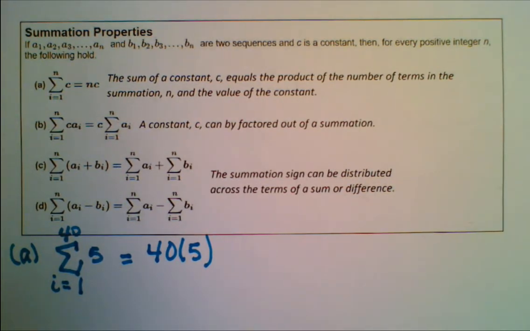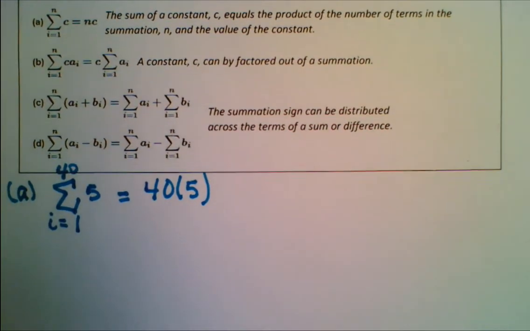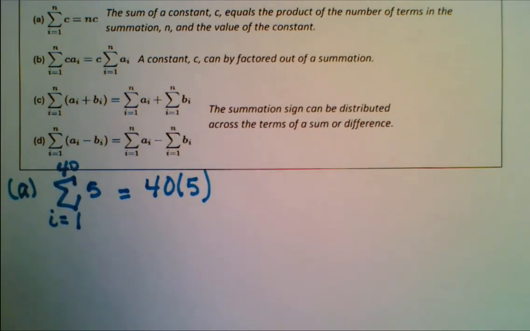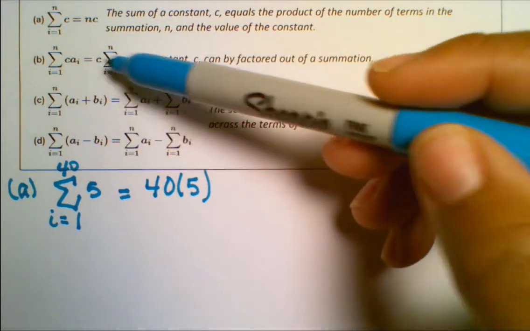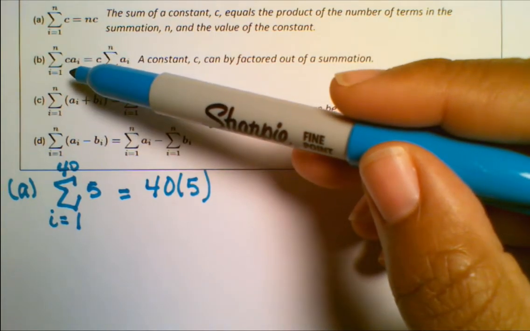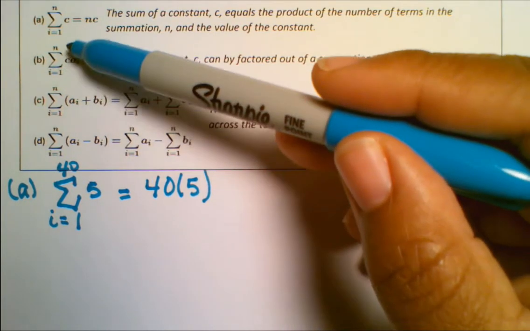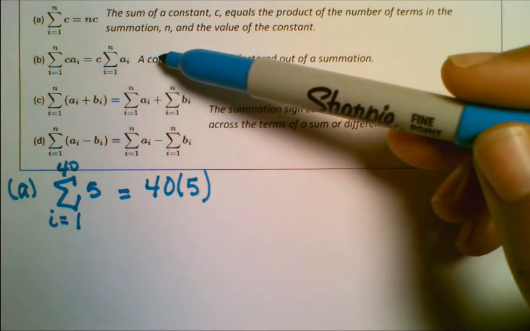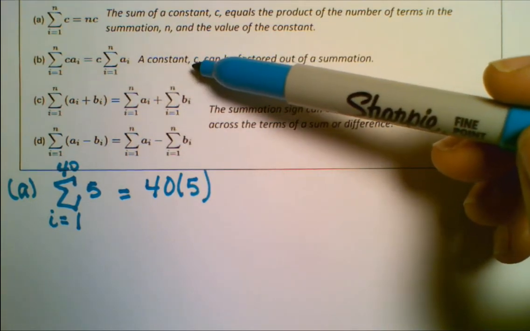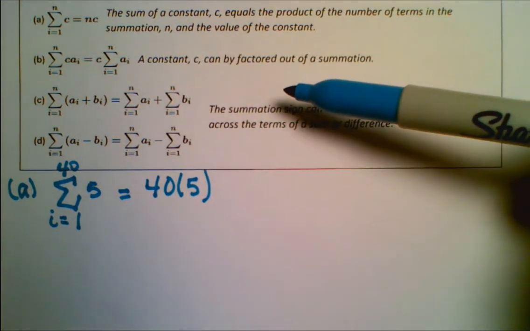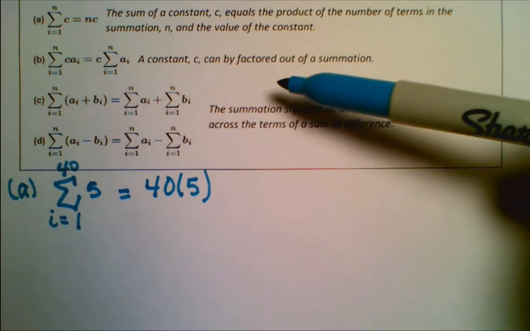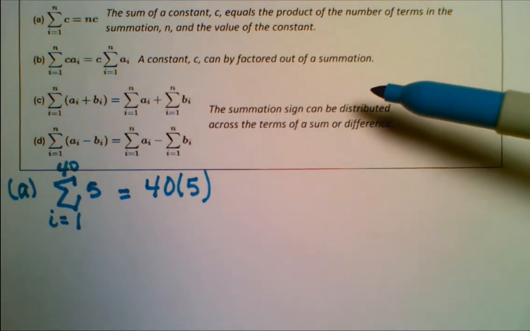Now the next property, B, says here we have the sum of C times a sub i as i goes from 1 to n. What we're going to do is take this constant C and factor it out of the summation.